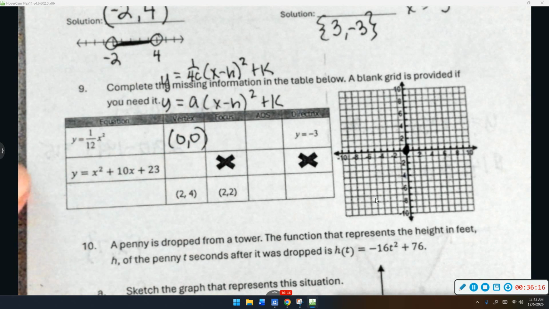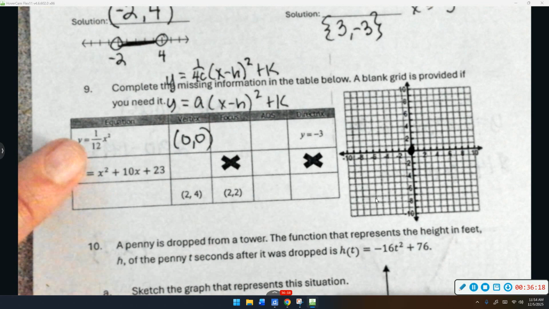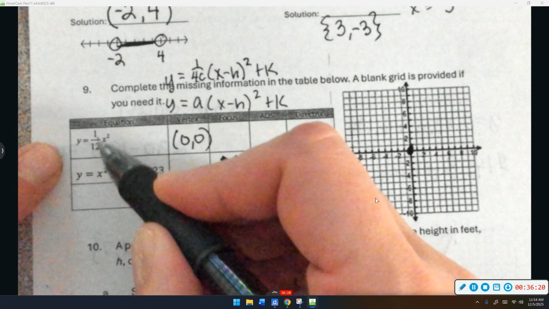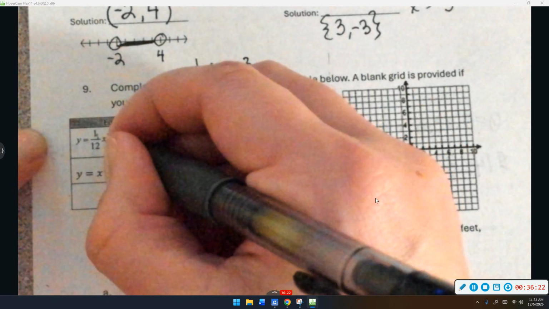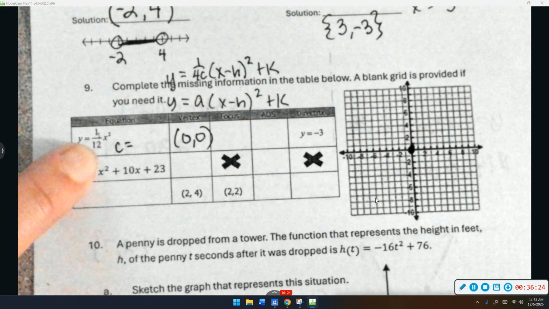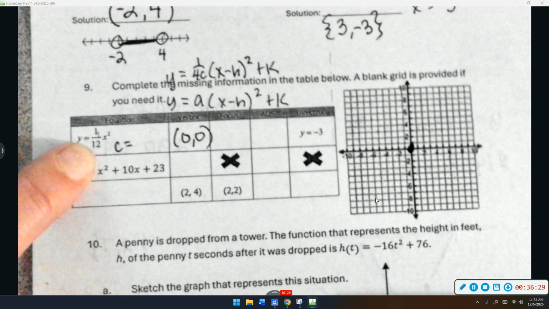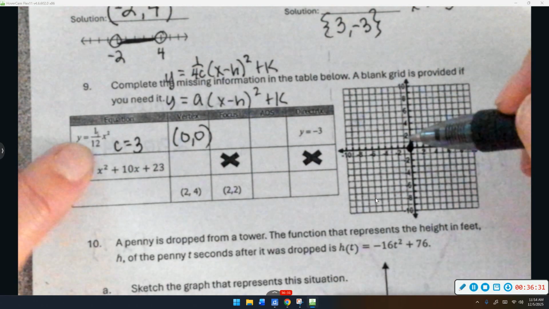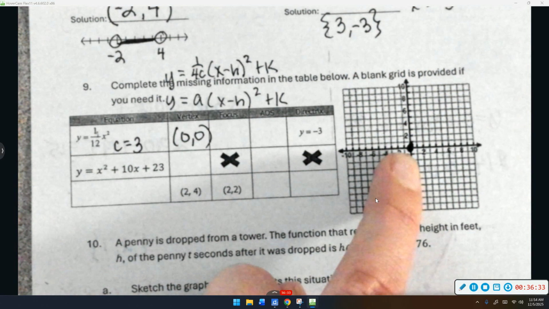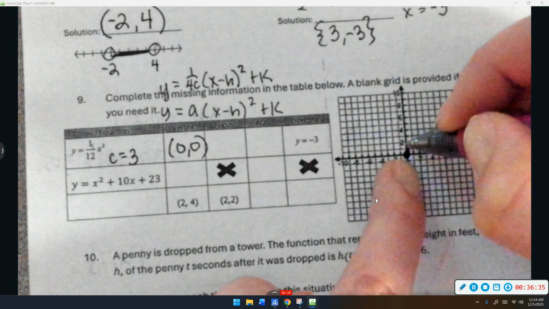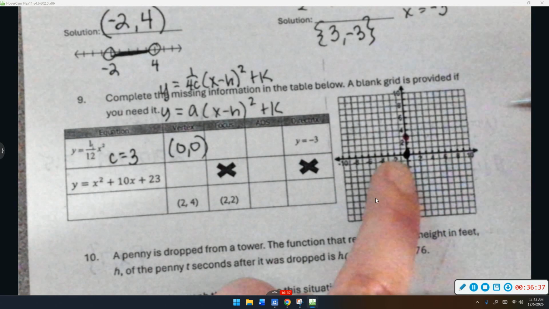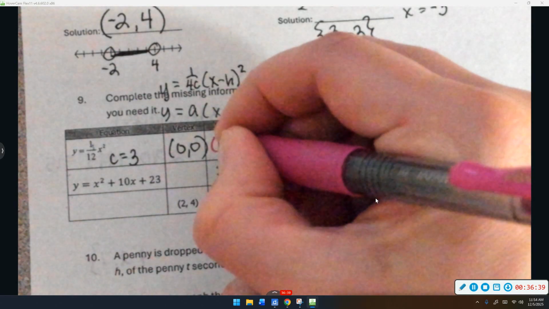So look at our problem. If 1/12 is 1/(4c), what is c? Just divide 12 by 4. 4 times what makes 12? 3. So our c is 3. So if this is my vertex, I'm going to count 3 units up. That's my focus. What is that, (0, 3)?